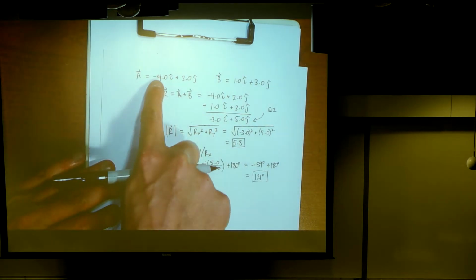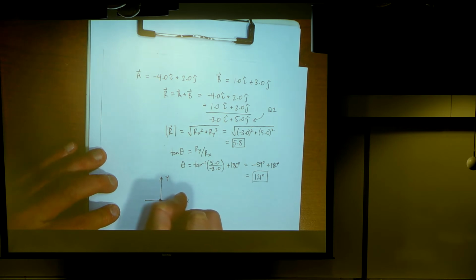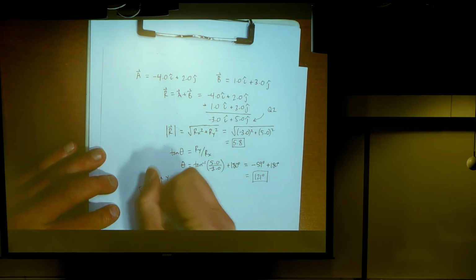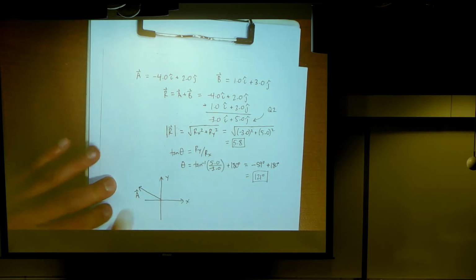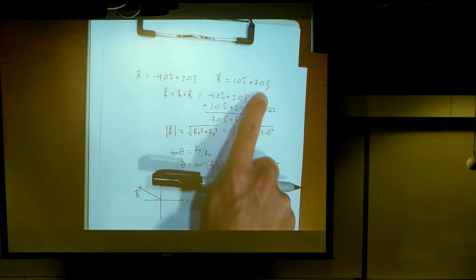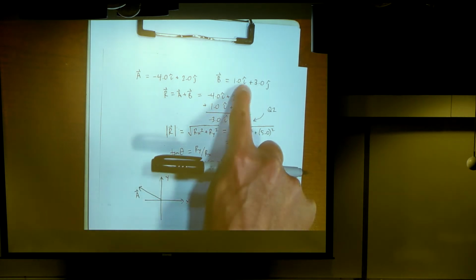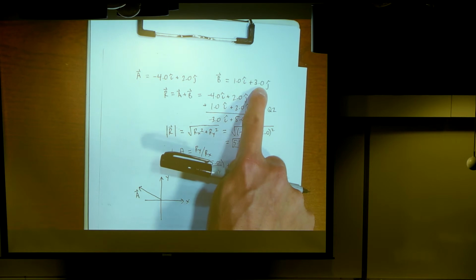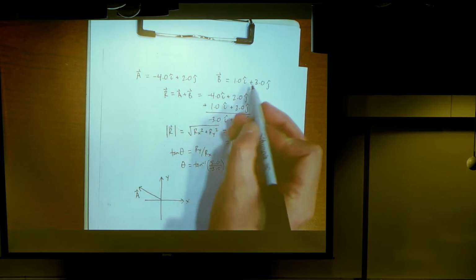That's pointing in the second quadrant, something like this. We agree? This is a rough sketch of where vector A is going. What about vector B? Which quadrant is that pointing into? Yeah, it's pointing into quadrant 1 because it has both positive x and y components. And it's a little bit shorter too.